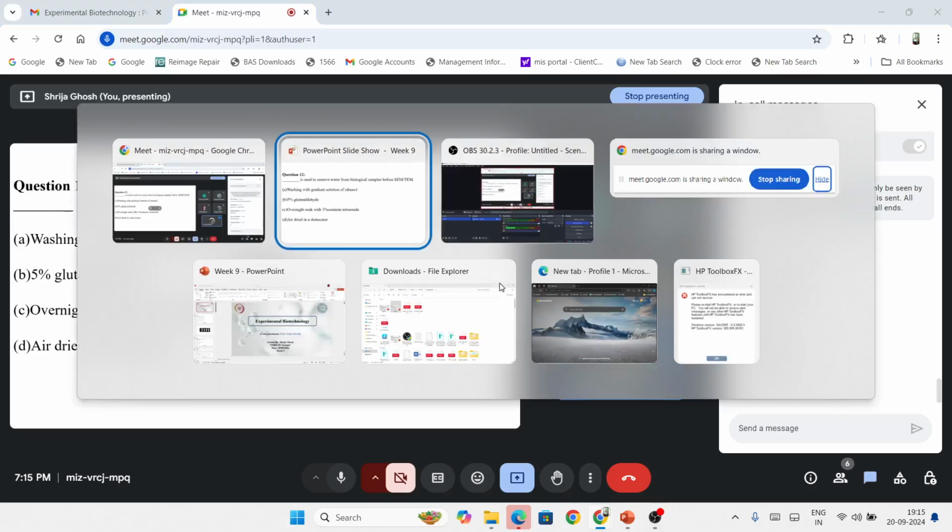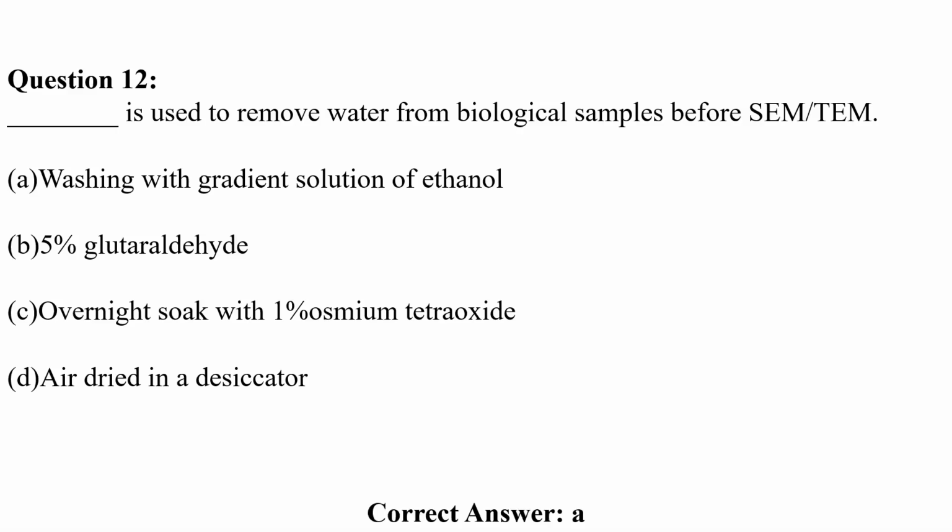So option A, that is washing with gradient solution of ethanol, is done to remove the water from the biological sample. So why do we have to remove water? First of all, because when we are doing electron microscopy, water can form gas, it can get outgassed, and the gaseous particles released from the water can interfere with and scatter the electron beam.